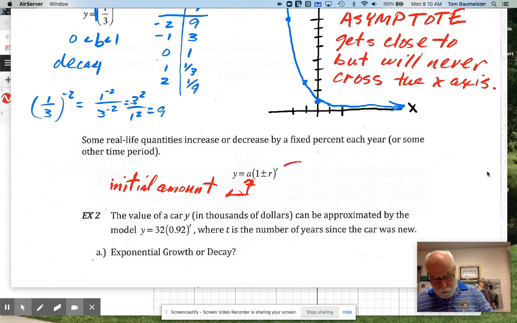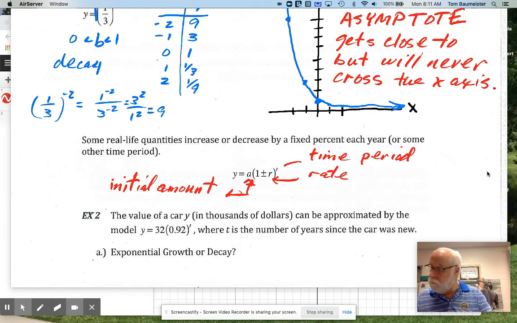Our t is going to be our time period, and our r is our rate, which is going to be our percent increase or decrease.